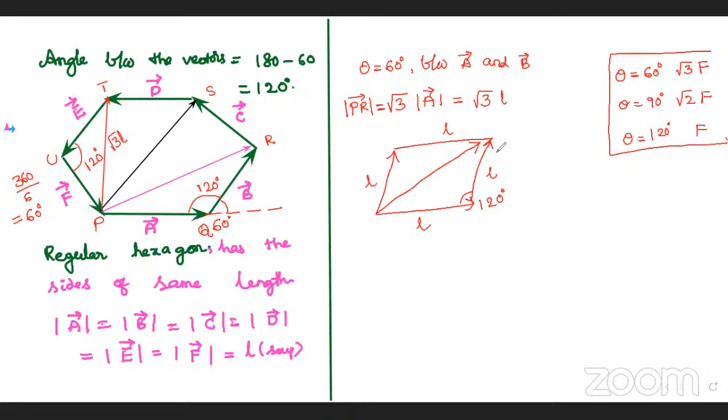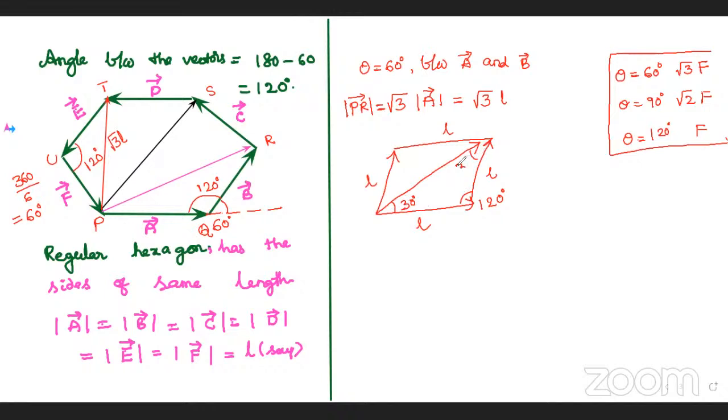And we say for two vectors of the same magnitude, the resultant always bisects the angle between the two. Bisects means the interior angle here, the acute angle, 60 degrees, bisects, 60 by 2, so it will be 30 degrees. If it is 30 degrees, you can say what the angle here will be: 120 plus 30 is 150.